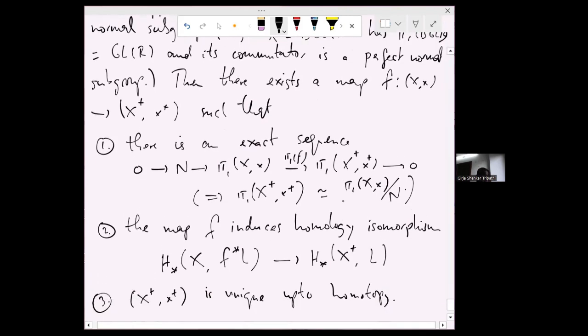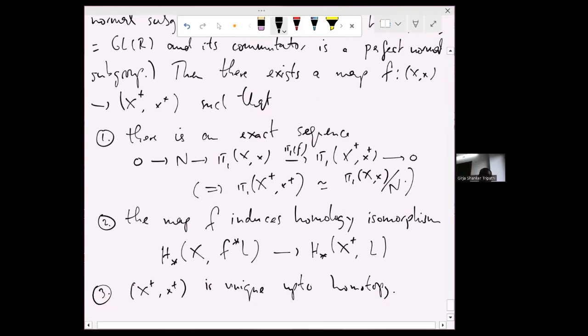You could go through this, but the idea is, starting with some pointed space and some perfect normal subgroup in there, you can find another space which is unique up to homotopy, and homologically you are not changing it, but its pi 1 becomes the quotient of the pi 1 by that normal subgroup.